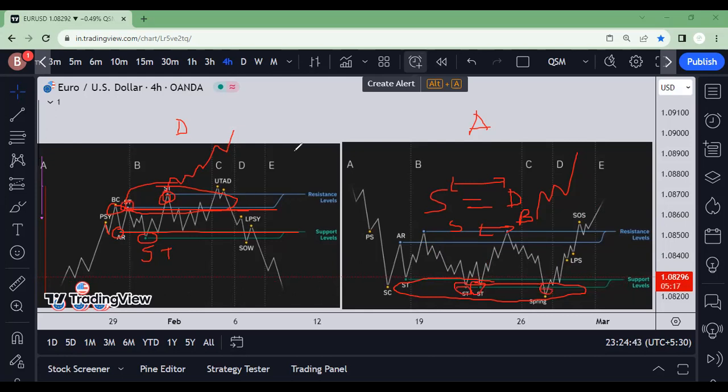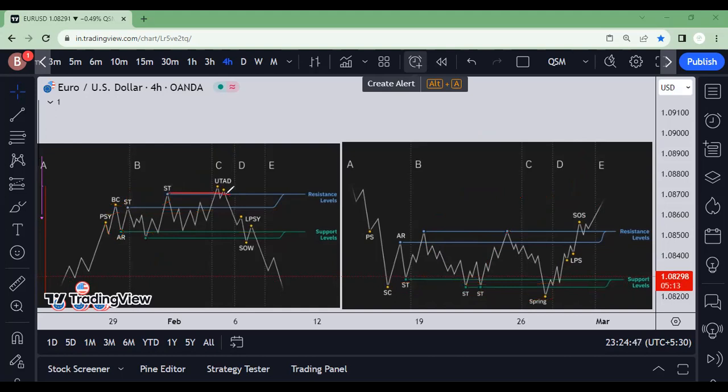That's the reason after that, on the secondary test, we got an upthrust after distribution, then a fast, accelerated, high momentum fall of price, then a small pullback, then again continuation towards the downside.